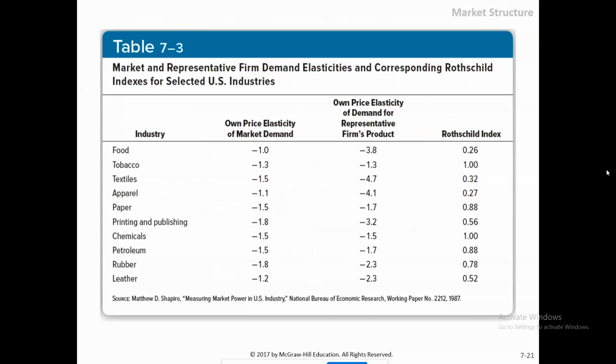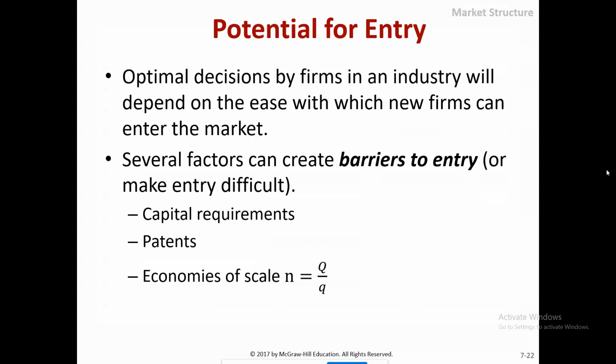Here are the market and representative firm demand elasticities and their Rothschild indexes for selected U.S. industries. See if they're consistent with your expectations. The final structure variable is the potential for entry.